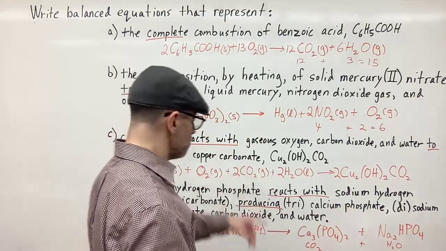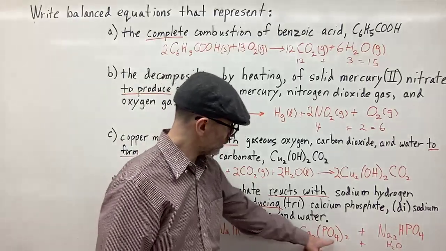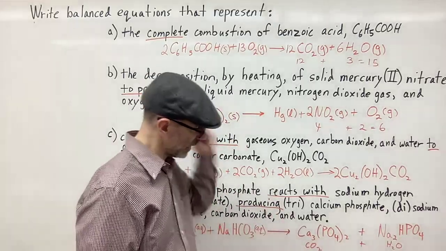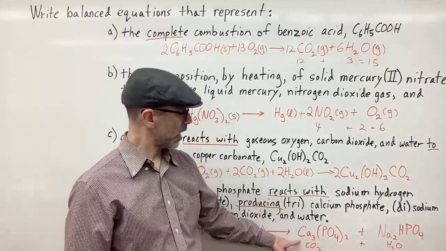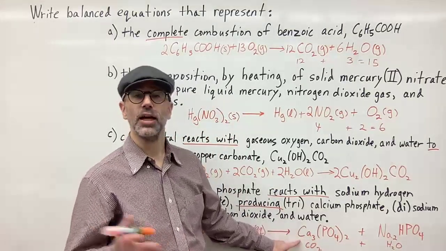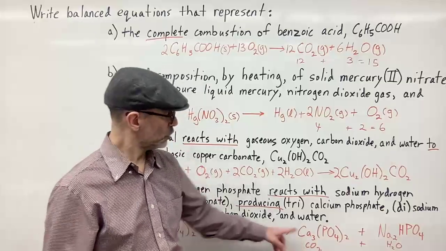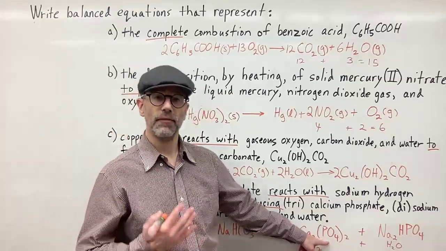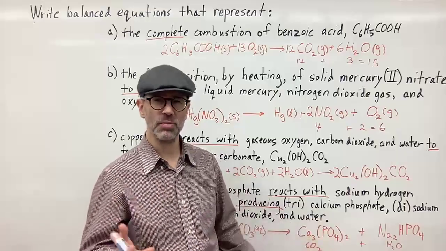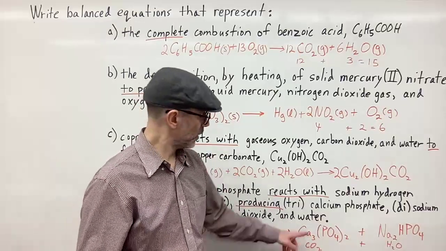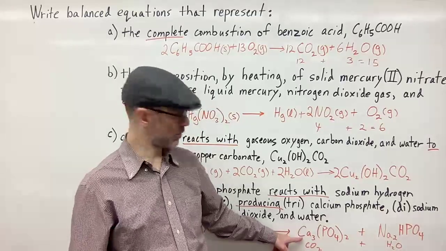And so calcium phosphate is actually going to be a solid if you look up the solubility rules. Most phosphates are going to be insoluble in water, and there are some notable exceptions, but calcium is not one of those exceptions.